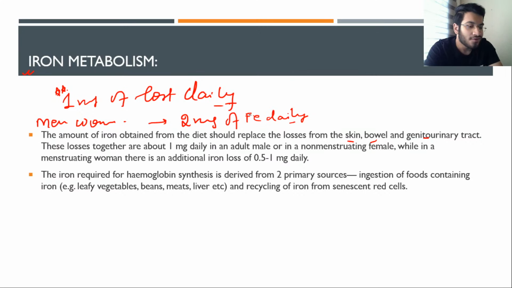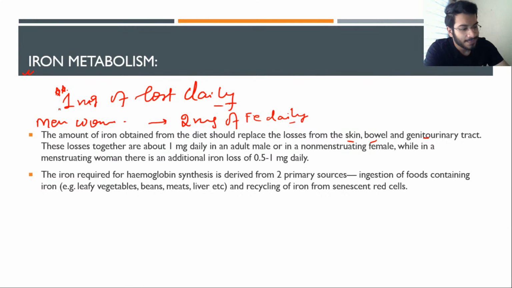So first of all, you have to compensate this loss, as this loss is constant, right? सबसे पहले तो compensate करना पड़ेगा ये loss को. Then we will be replenishing the stores of the iron, right?